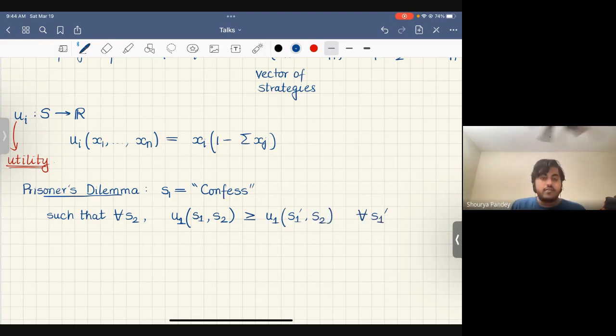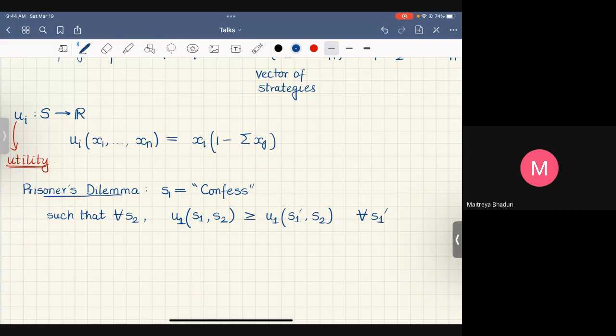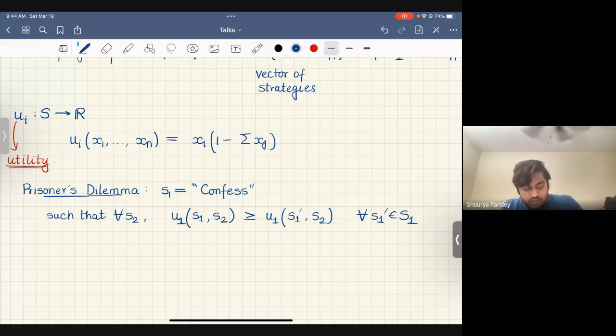Does this make sense? Just let me know. In this case, S1 dash would be silent, since there are just two options here. I just want to make sure this makes sense.